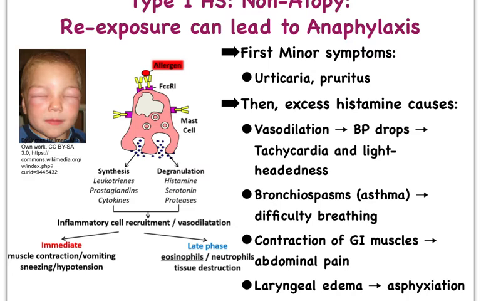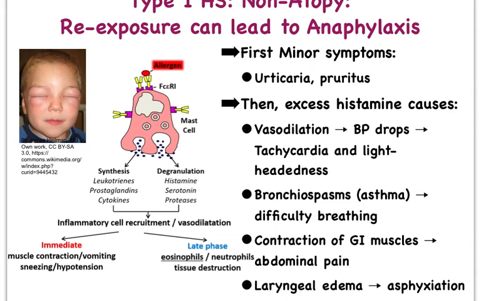Your heart is now going to try to keep up with pushing the blood around in the body, so it starts to beat fast. We call that tachycardia. So when a person has a high heart rate, it's called tachycardia. And because the person's blood pressure is dropping, they get rather lightheaded and feel like they're going to pass out.